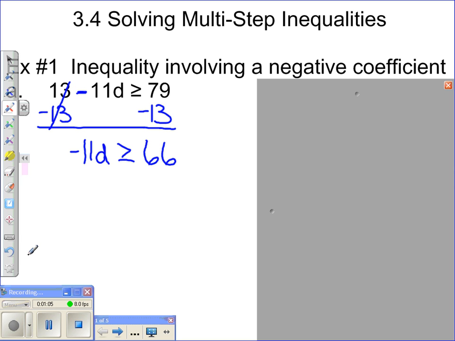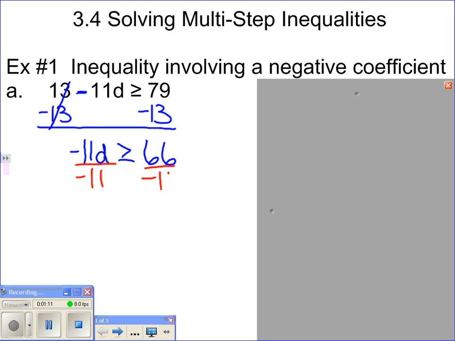And then our final step, that's right, divide by negative 11. And when you divide by a negative number, this greater than is going to turn into a, that's right, less than or equal to. And 66 divided by negative 11, good, negative 6.